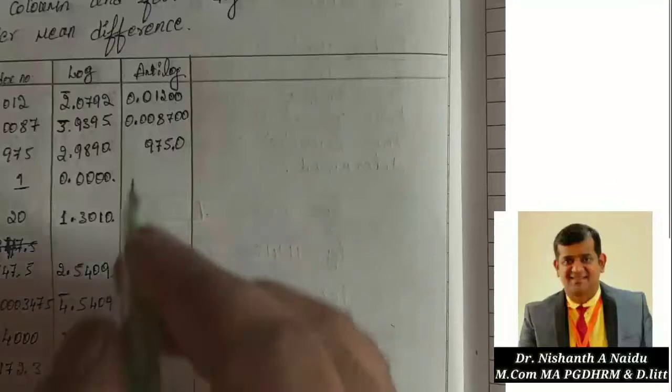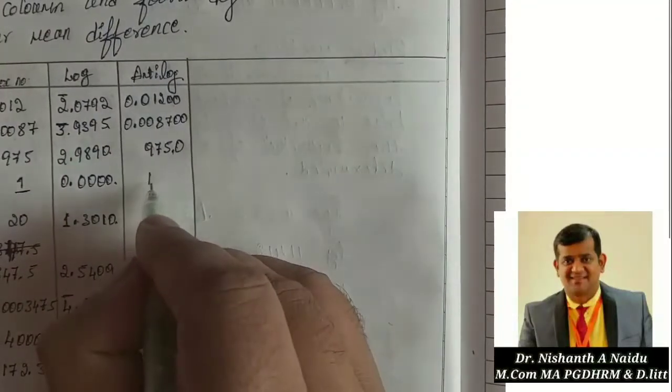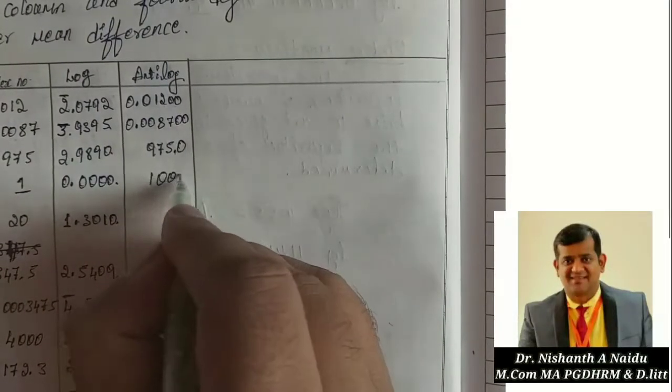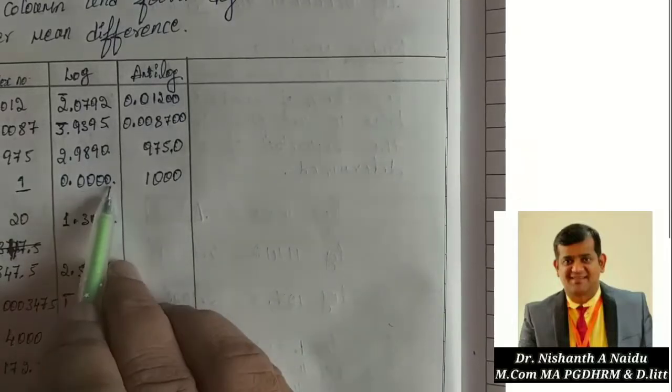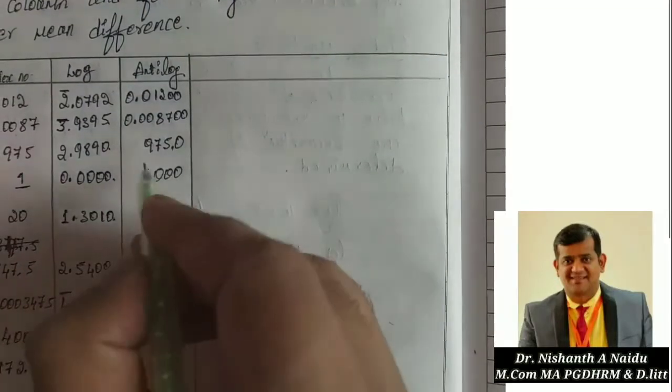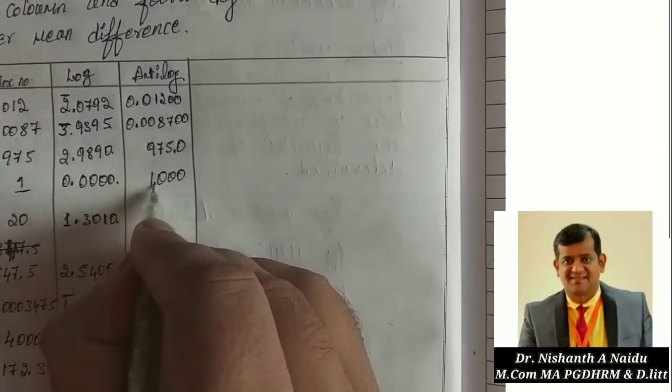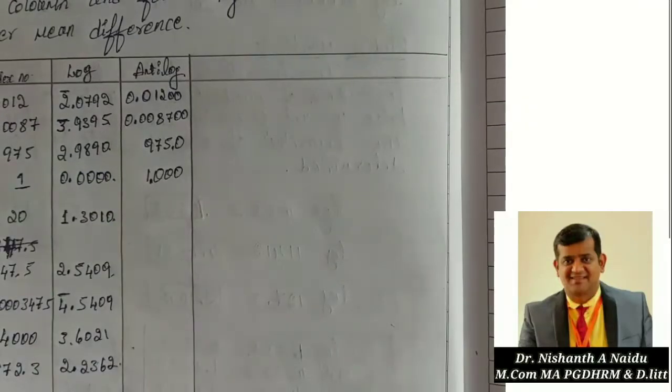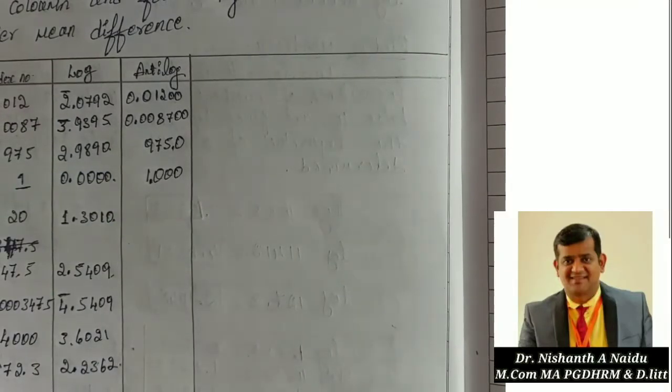So I am writing 1000. Since 4 zeros are there here, so minus 1, so that is 0.1. So it is 1.000.